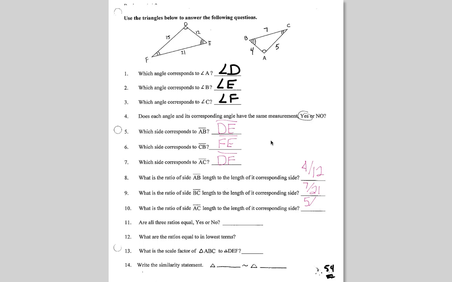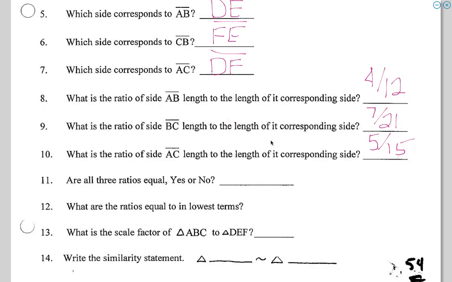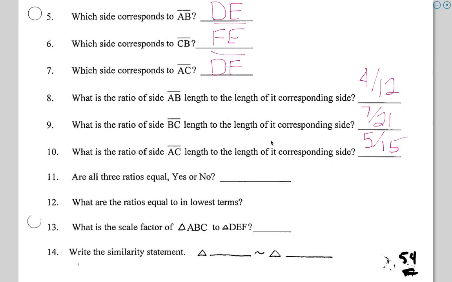AC is 5, which goes with DF, which is 15. So basically, we took these and set them up as ratios with the numbers for each of their side lengths. Are all three ratios equal? Yes or no? No, they don't look the same, but they do all indeed simplify down to the same ratio.